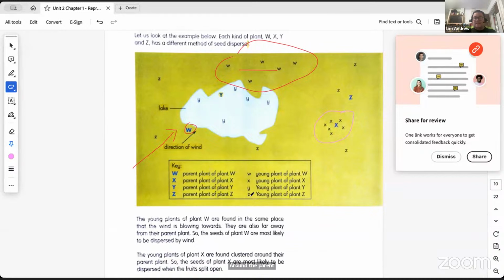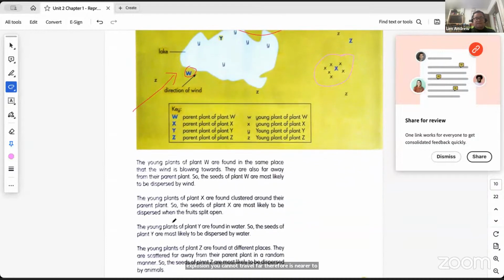Therefore, we most likely believe that plant X is dispersed by explosion. When the fruits explode, the seeds of plant X split into different directions, but being a mild explosion, they cannot travel far. Therefore, they land nearer to plant X itself.